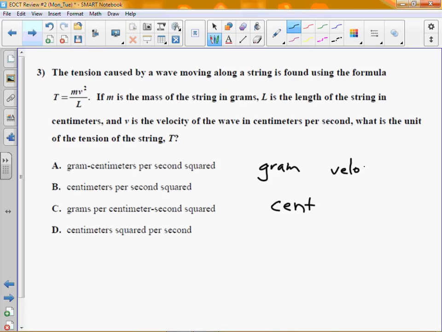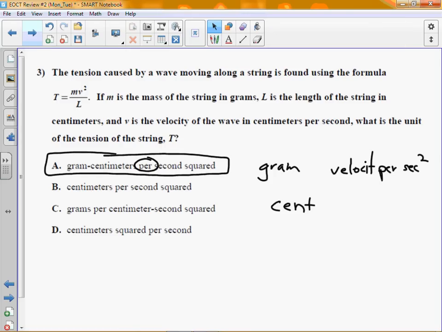Velocity would be per second squared. What is the unit of, so it's grams over centimeters, per second squared. The per is kind of like times right there. So that one's A.